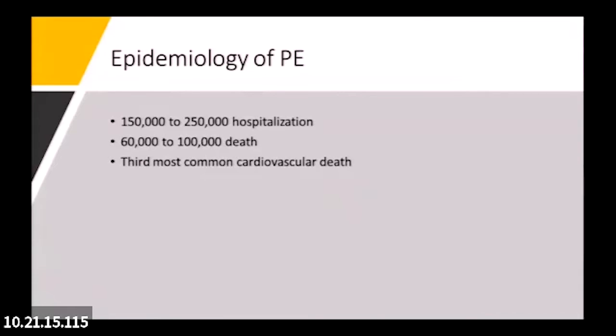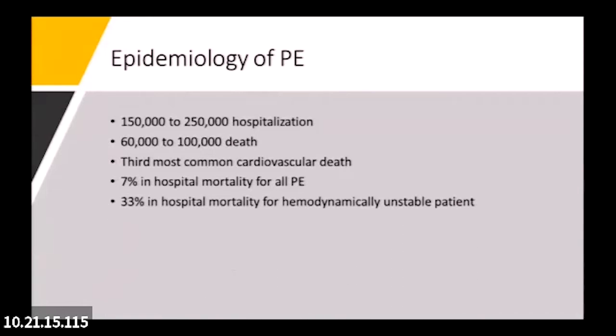It is the third most common cardiovascular death, behind STEMI, acute MI, stroke, and then PE. There is 7% in-hospital mortality for all PEs, and 33% in-hospital mortality for unstable patients. That's what we usually call a massive PE.